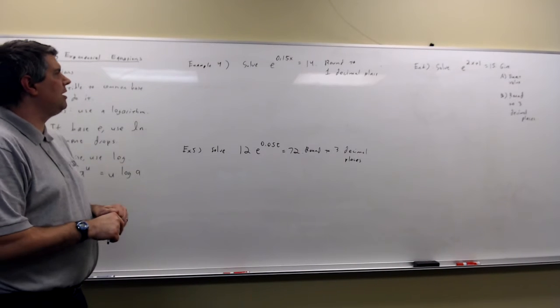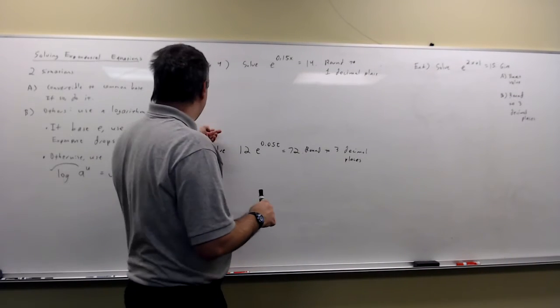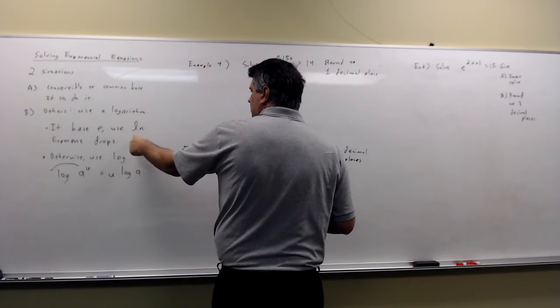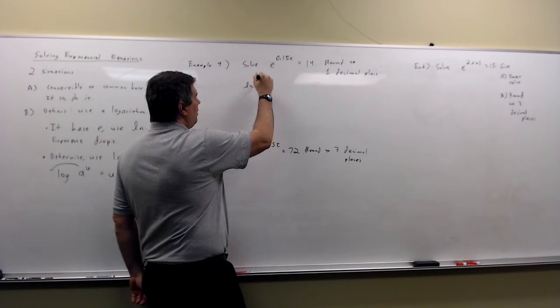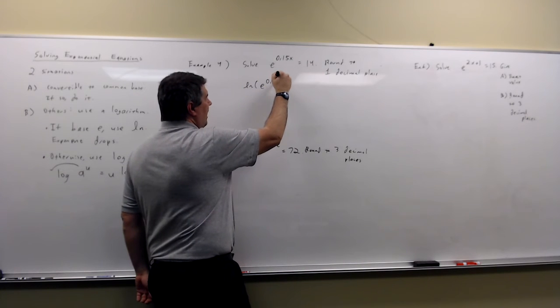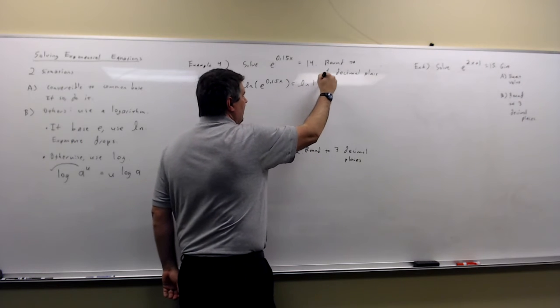Example 4, we're going to solve e to the 0.15x power equals 14. So I'm simply going to take the natural log of e to the 0.15x equals the natural log of 14.